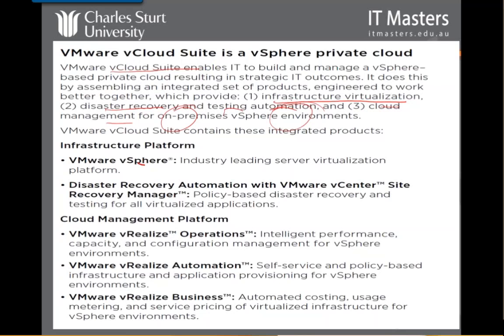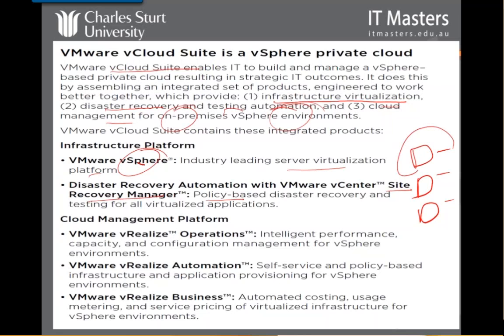We had our vSphere, which is the server virtualization platform. Then you can buy Site Recovery Manager, which will help you have disaster recovery and automation based on policies. So you can put your applications there and select different policies for how you back up your applications.